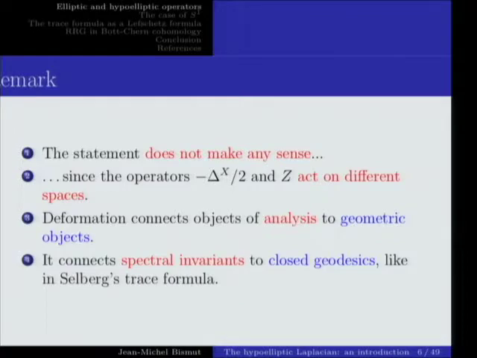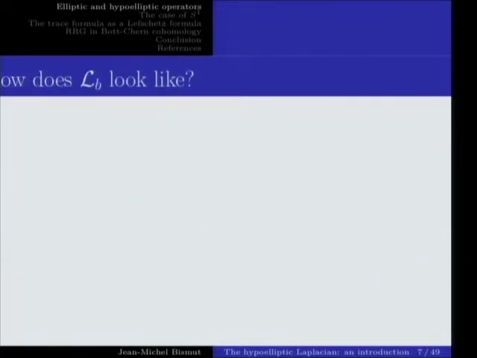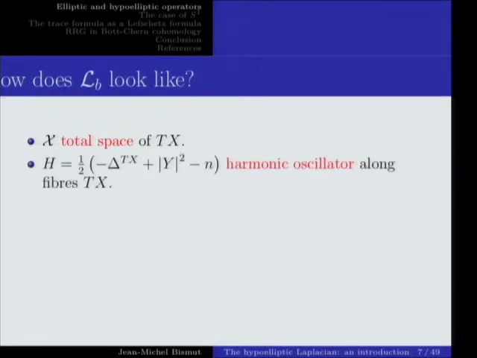will skip. So let me first explain what LB looks like. Even if you don't understand anything of the talk, I will show you the formula for this operator LB. I introduce the space X script, the total space of the tangent bundle TX. First, I introduce the operator which acts fiber-wise.